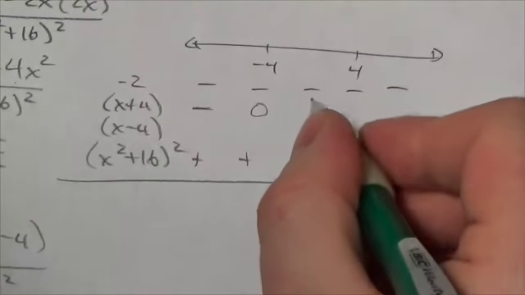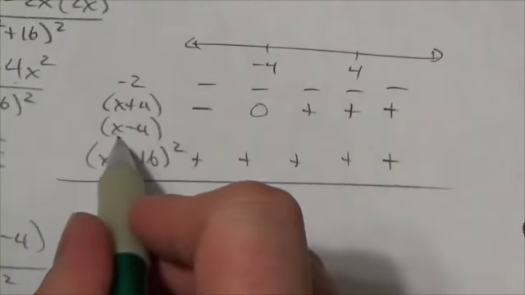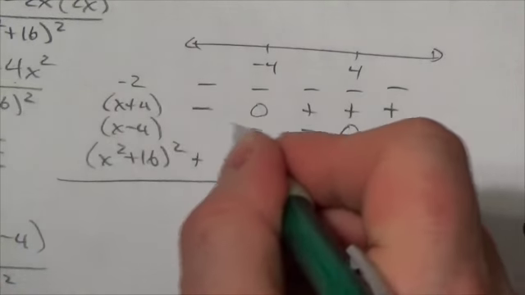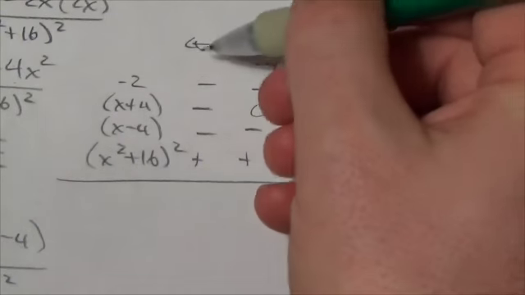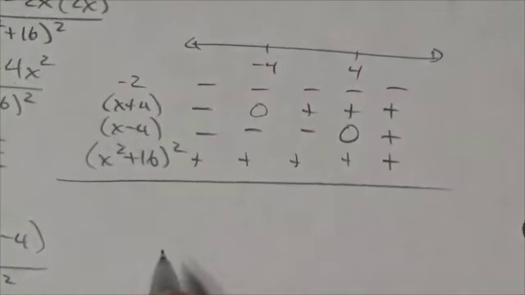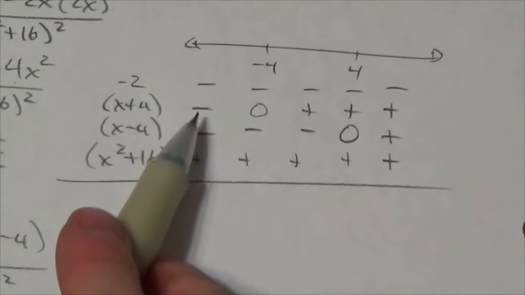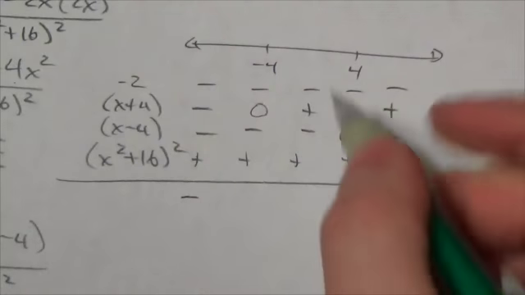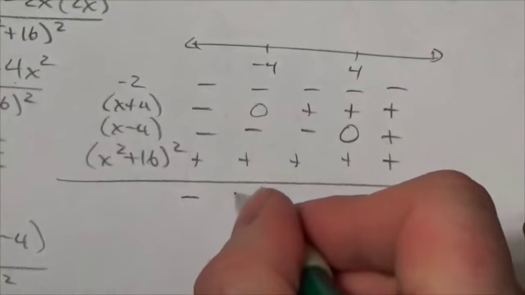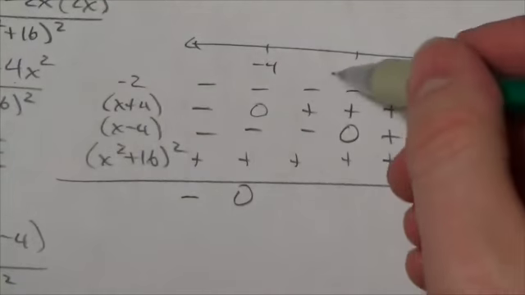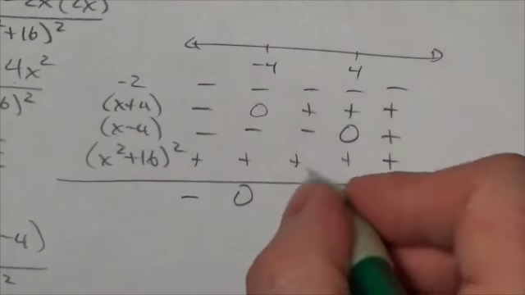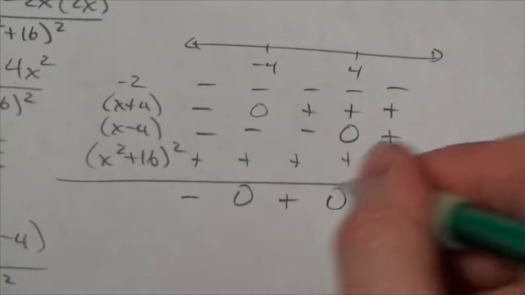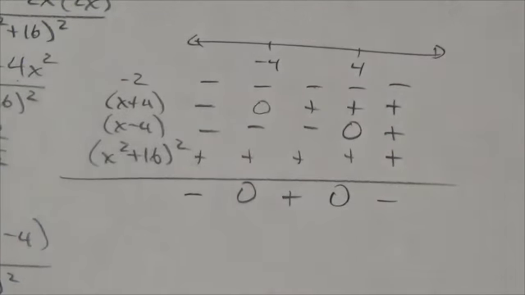It'll be negative to the left and positive to the right. X minus 4 is going to be 0 here at 4. It'll be negative to the left, positive at the right. And then if we put all those factors together, okay, negative times a negative divided by a positive is going to be negative. Negative times 0, well, okay, as soon as you multiply by 0, think 0. Negative, positive, putting all that together, that's positive. Negative, positive, 0. Okay, there's my 0. And then this is all negative.